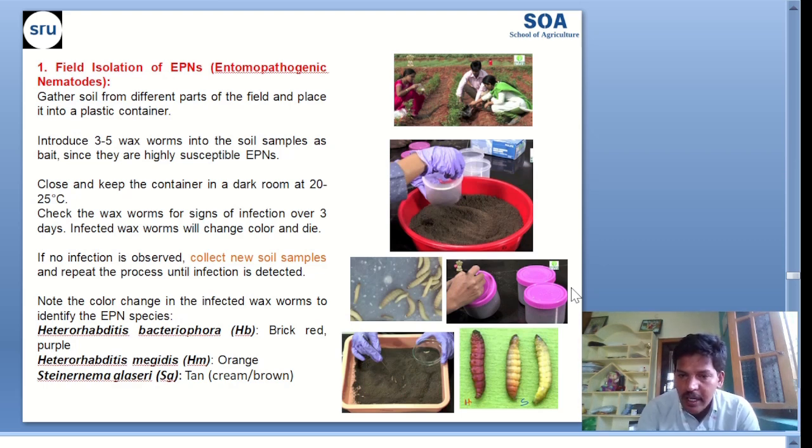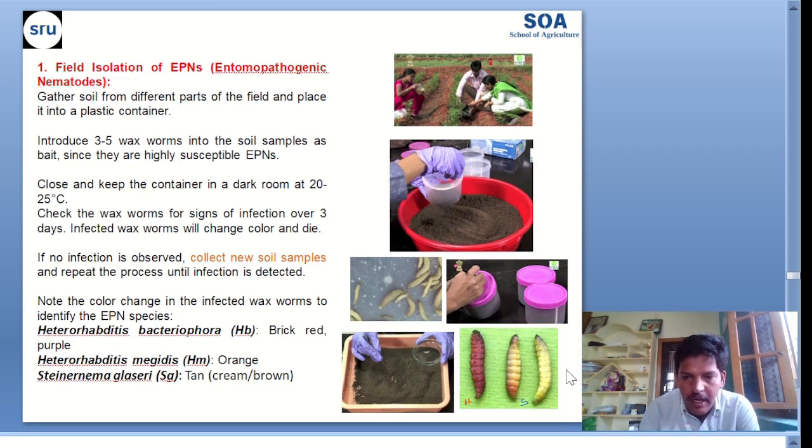The infected waxworm will change color and die. If no infection is observed, collect a new soil sample and repeat the same process until infection is detected. If there is infection, note the color change in the infected waxworm to identify the EPN species.